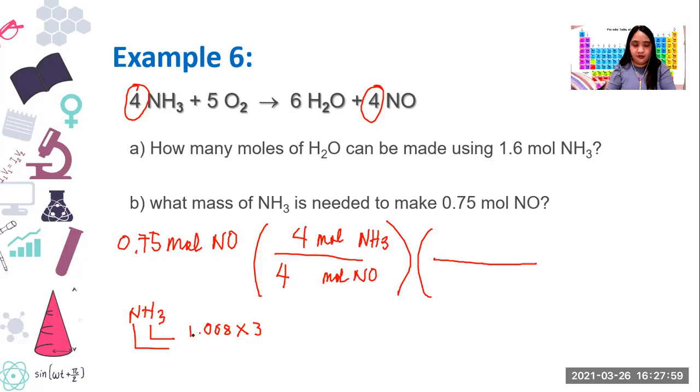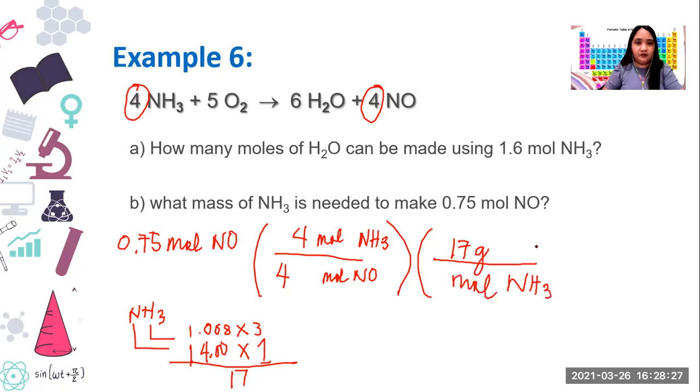It's 14.00, so 14.00 times 1. So approximately, of course, that's 17. So all you have to do is you have 17 grams per 1 mole of NH3.